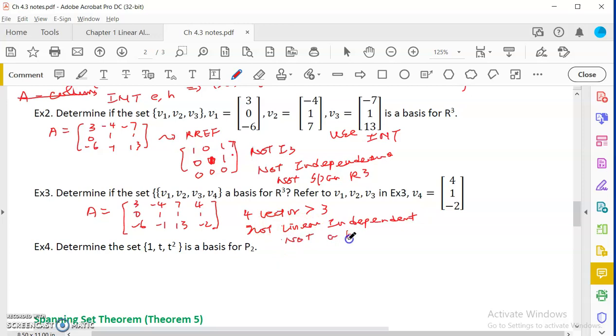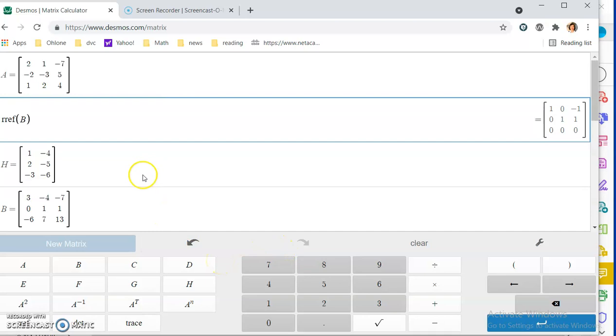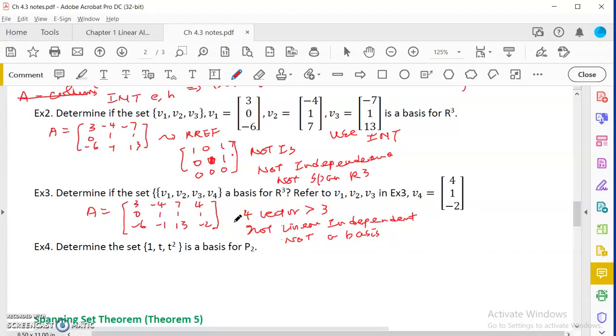We don't even have to check the pivot columns or anything, because if they are not linearly independent, they cannot be a basis.